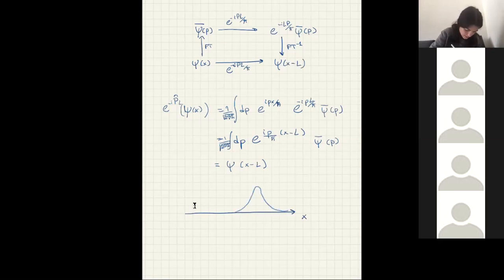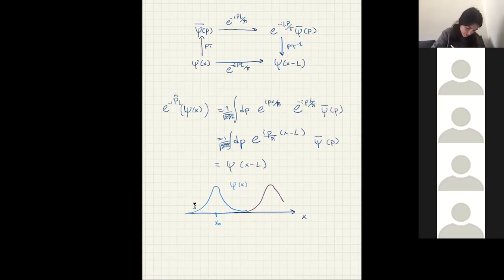Let's say it was centered around some x0. Now it goes the other way. Let's put you there. I think this is the right way around.